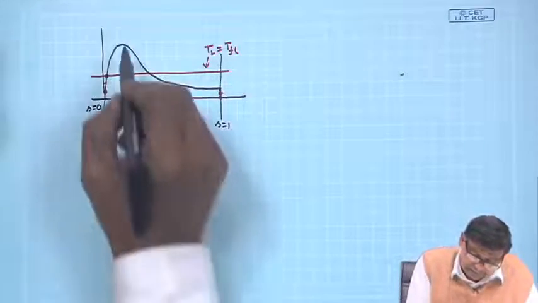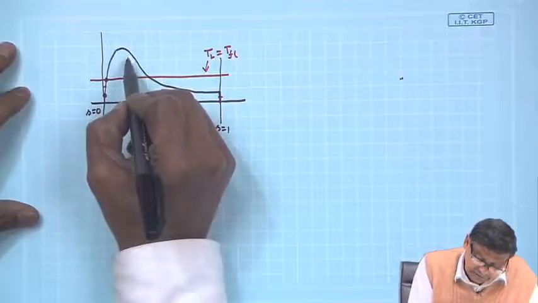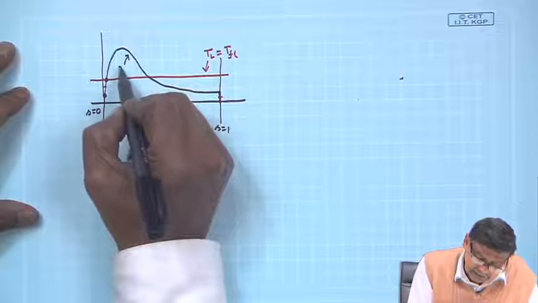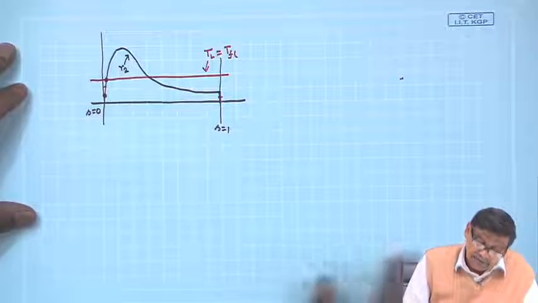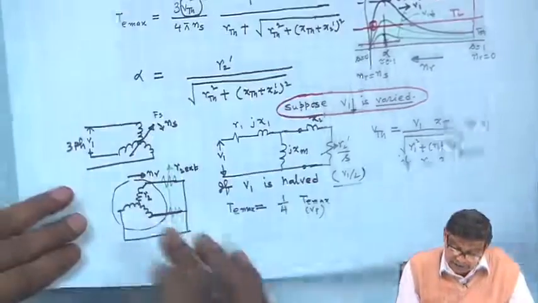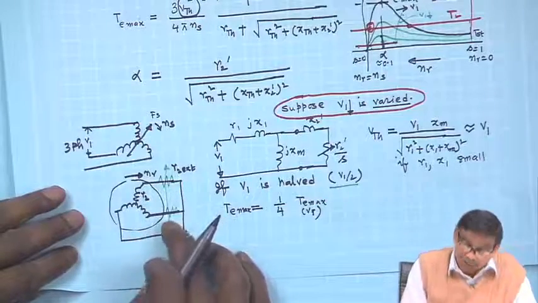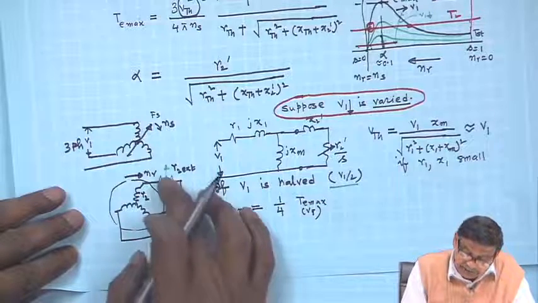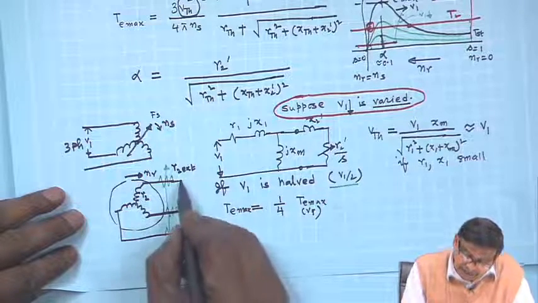So, this is the torque slip characteristics with inherent resistance R2. Now, I will increase the rotor resistance by connecting some external resistance of equal values in each of the phases, and then I will short.